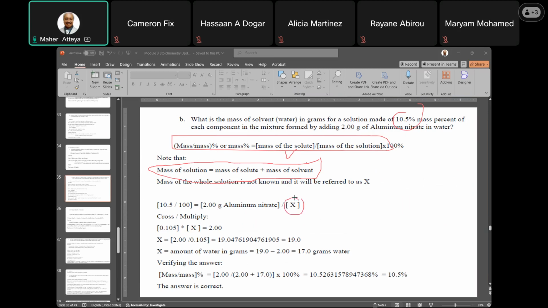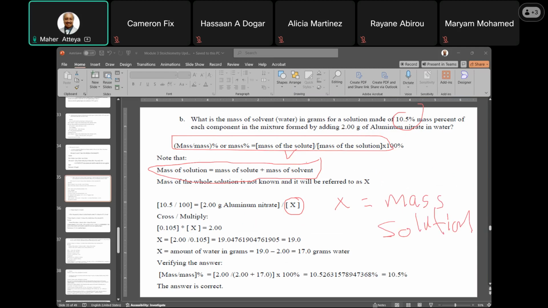X is the mass of the solution, not the mass of the solvent yet, because X includes the mass of the H2O, the solvent, sorry.